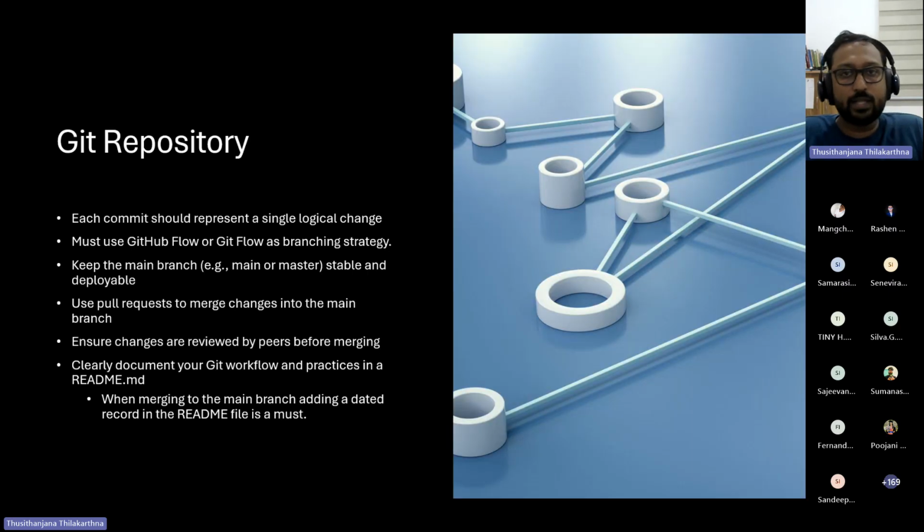Now let's see what the requirements of the Git repository are. I will open the chat for Q&A later, but these are the main parts that we will be looking at in the Git repository. The main point to start with is that you need to make sure you are committing all the logical changes.